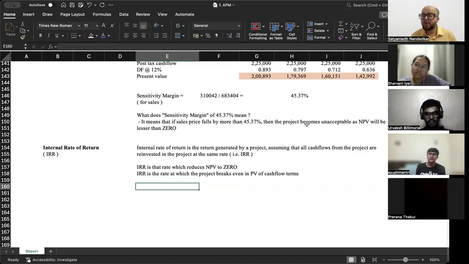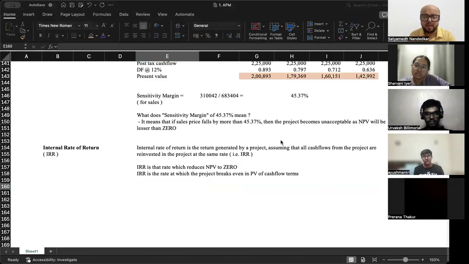Very rare for you to have all the cash flows getting reinvested in the same project. Even more rare that these reinvested cash flows will generate the same return as you envisaged at the beginning of the project. So the good part about IRR is that it gives you a comparative evaluation of projects, and you can look at two projects and tell that if the IRR is higher, then that project is better.